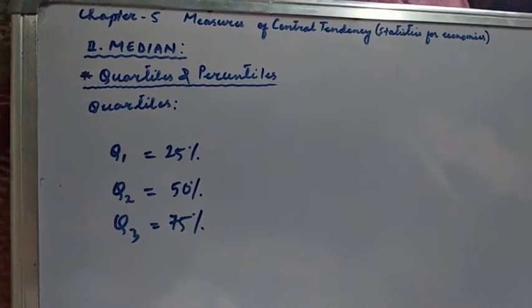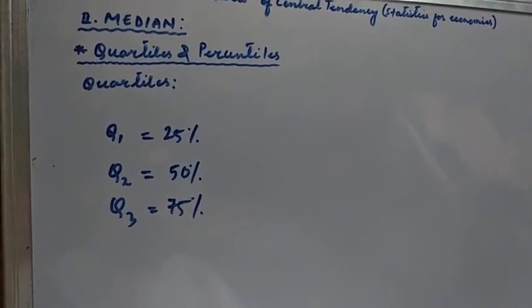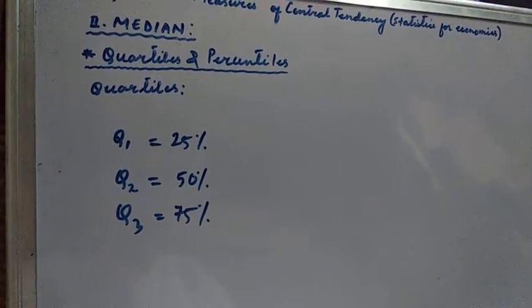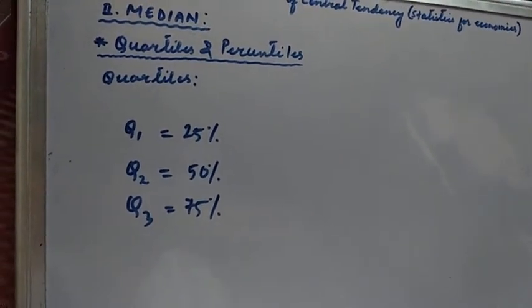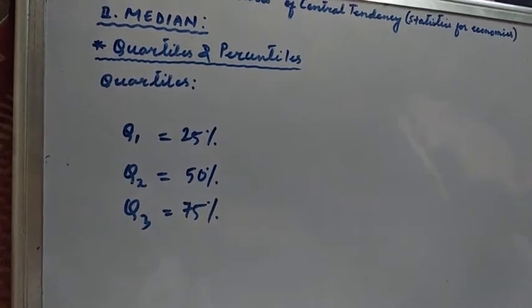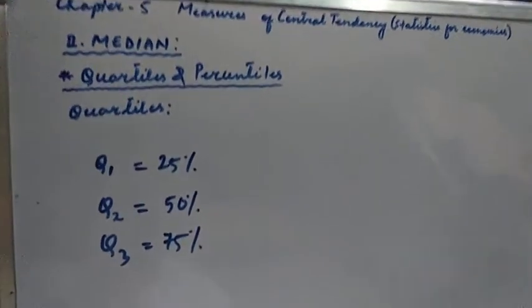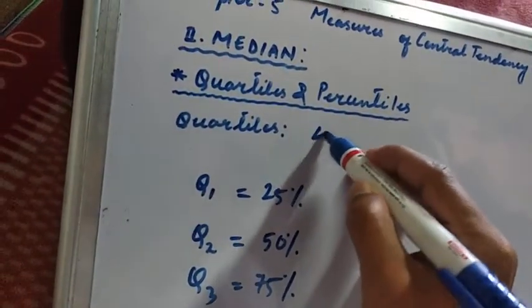So the next topic we have in hand is quartiles and percentiles, which also comes under median. Quartiles first. Quartiles are measures which divide the data into 4 equal parts.